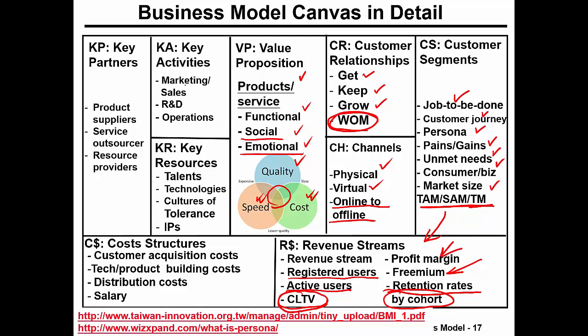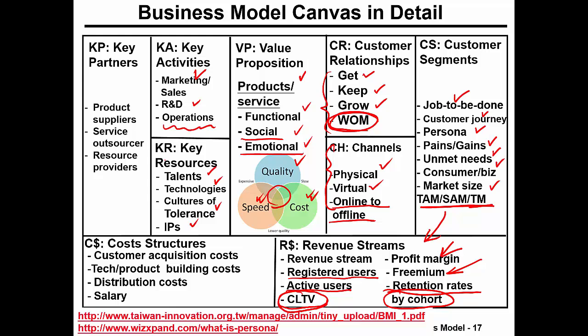Key activity may be marketing and sales, which are really these two building blocks over here, and could be research and development and the operational aspect of it, how you produce the product and service. The key resources may be the talent and the technology to be used. It could be some more intangible resources, such as a culture of tolerance in your organization, and could be the intellectual property that you may need to acquire.